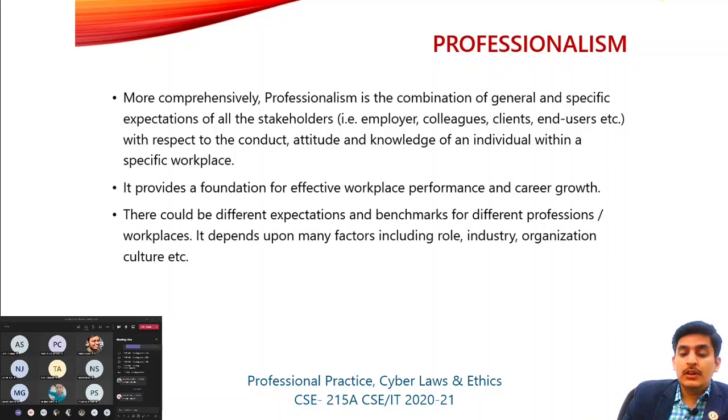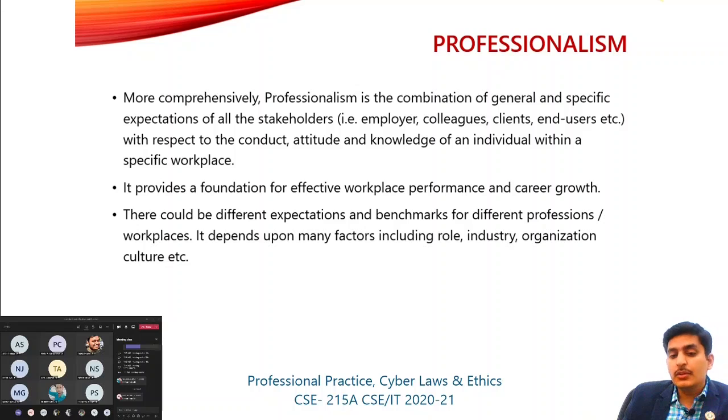And specifically what we are looking forward to with respect to the conduct, attitude and knowledge of an individual within a specific workplace. ठीक है, तो अपने को मेनली 3 चीजों पे ध्यान देना है. आर कंडक्ट, कैसे अपन रहते हैं, व्हाट आर वी ट्राइंग टू डू, व्हाट वी डू, हाउ वी डू एंड थिंग्स लाइक दैट. सेकंड इज एटीट्यूड. एटीट्यूड इज हाउ वी think or maybe how we behave with others based on what we know, how we are. Based on that, how others perceive us. That is what we mean when we say the word attitude. And the third is knowledge.